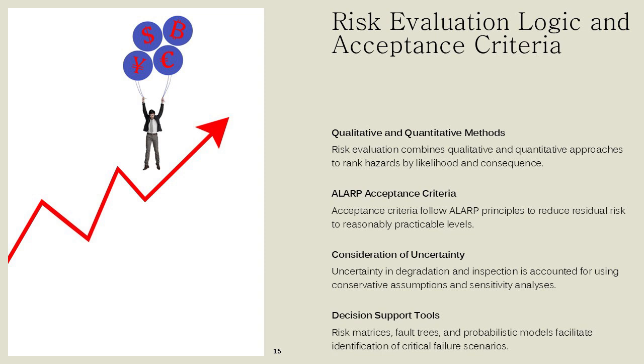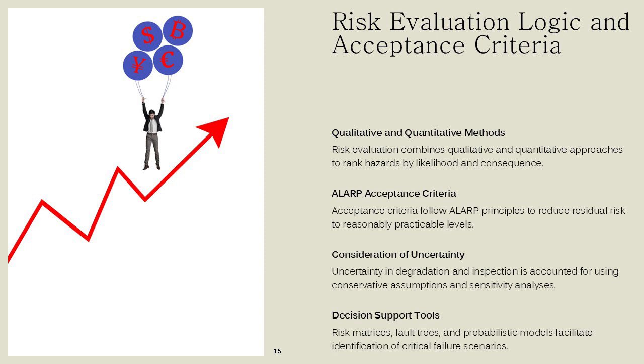Uncertainty in degradation rates and inspection coverage must be factored into assessments, often through conservative assumptions and sensitivity analyses. Tools such as risk matrices, fault trees, and probabilistic models support decision-making by highlighting critical failure scenarios. These evaluations inform design choices, operational limits, and maintenance strategies, enabling a proactive approach to risk control.